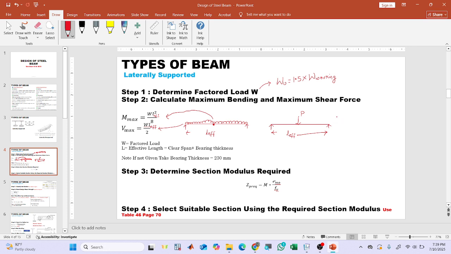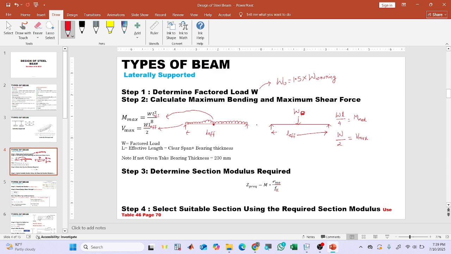In this case, the maximum moment will be WL by 4, and the maximum shear force will be W by 2. My bad, let's say this is W, not P but W. So this is V max.